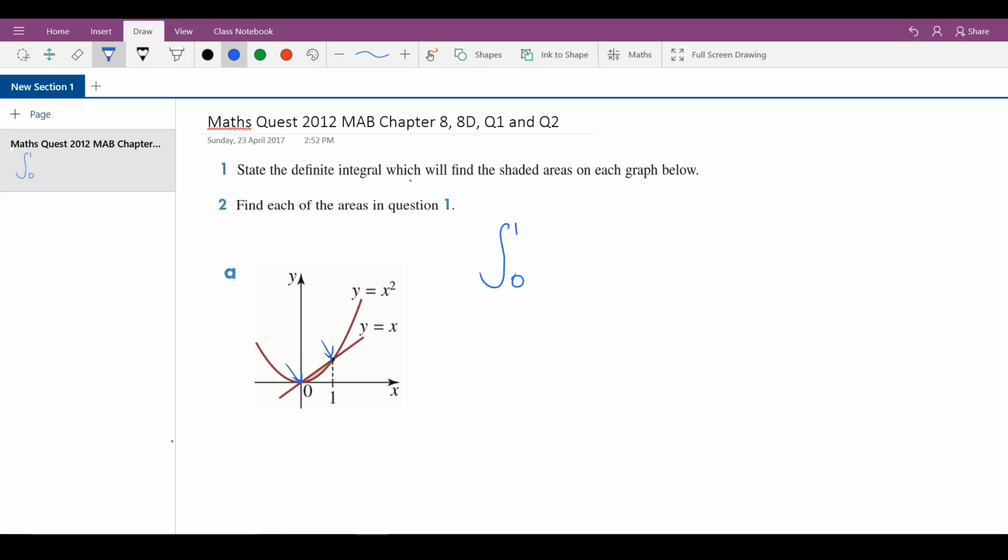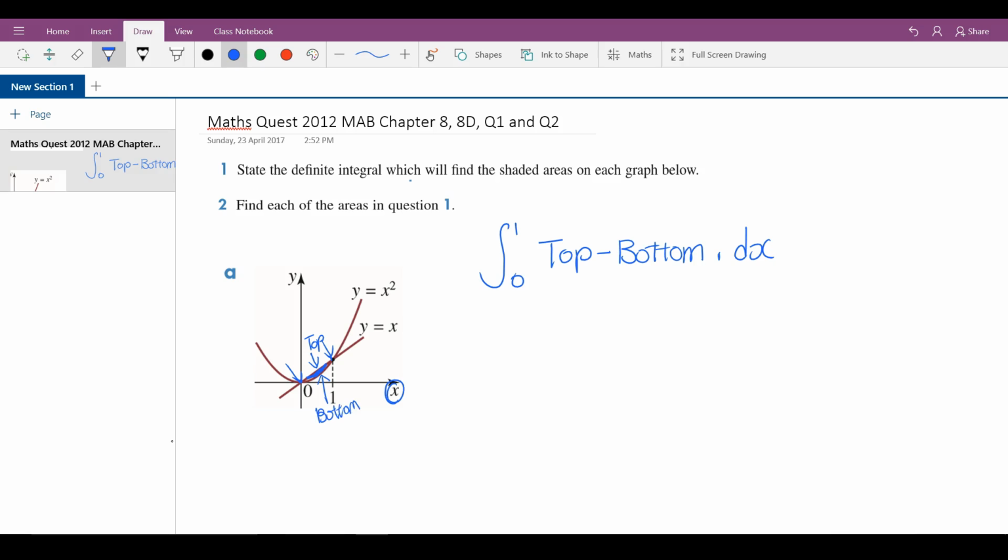Remember, it's always the top minus the bottom function, and then integrate with respect to x. Which one is the top? For this particular area here, y equal to x is the top, and the bottom one is y equal to x squared.